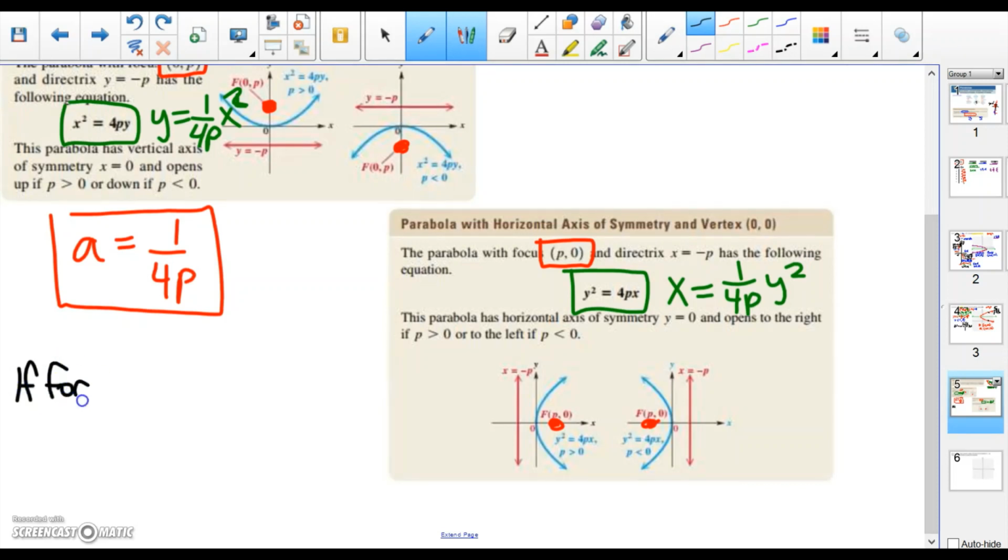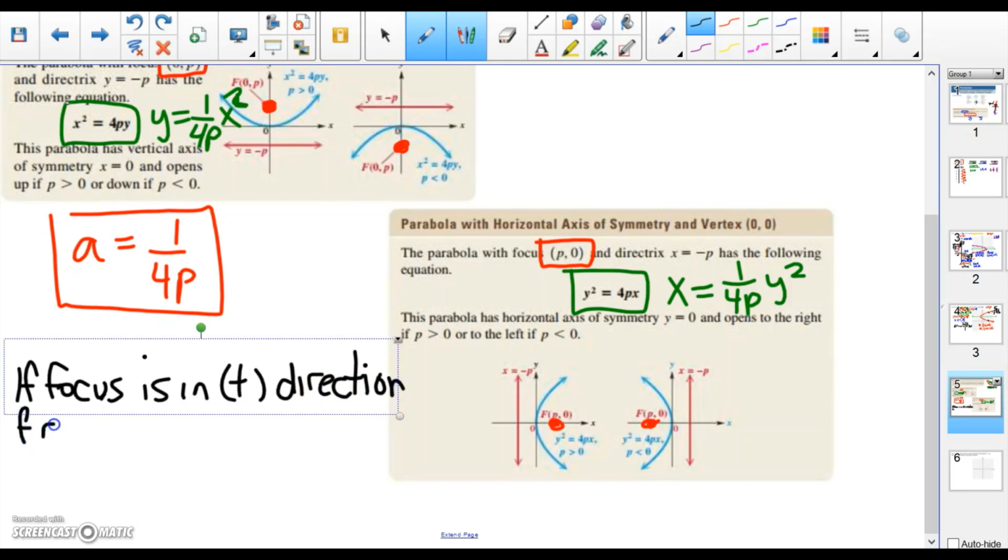Okay. So one tip maybe that you can remember is this: if the focus is in the positive direction from the vertex, p is going to be positive. So what I mean is it's kind of telling you which way it faces.